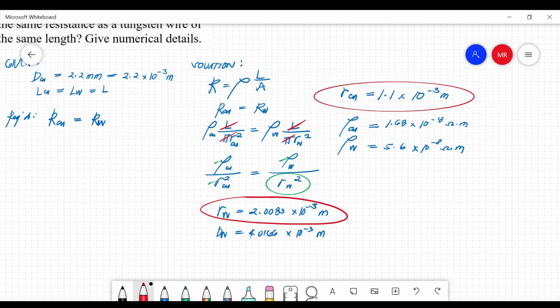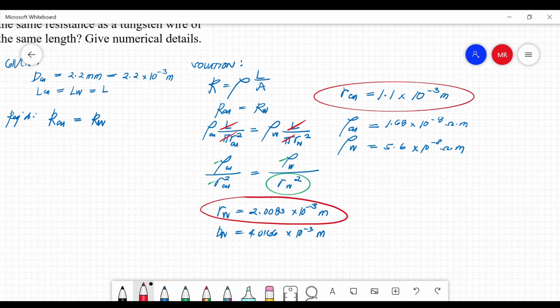Why is it so? Because if you notice, they have different resistivity constants. Tungsten has a higher resistivity constant compared to copper. That is why its radius is also larger in size.